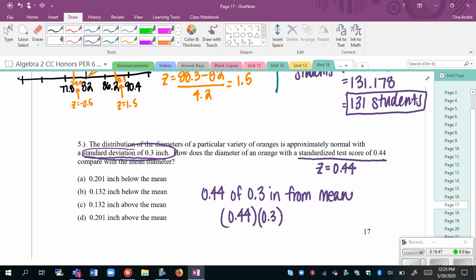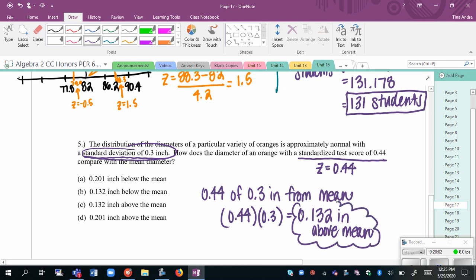Multiply those together, and I get 0.132 inches, and this is going to be above the mean because it's positive. So that's the shortest way of doing this. So there's my answer. 0.132 above the mean. You could also use the formula.